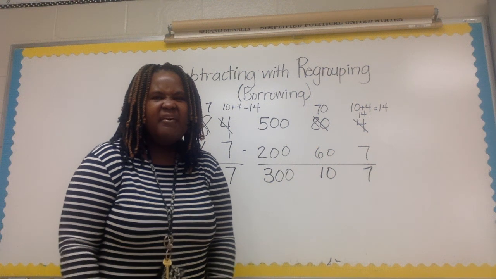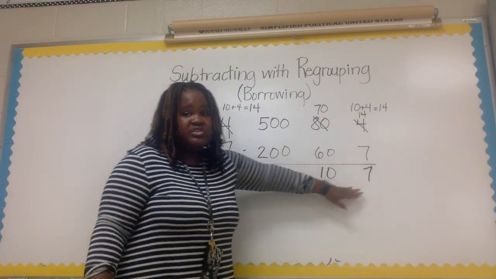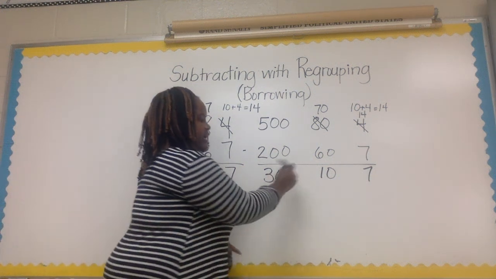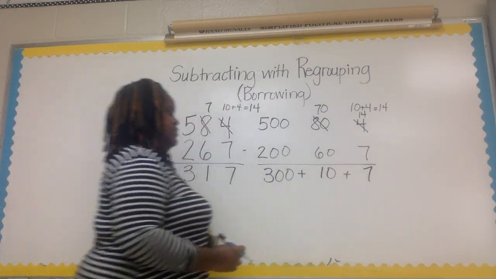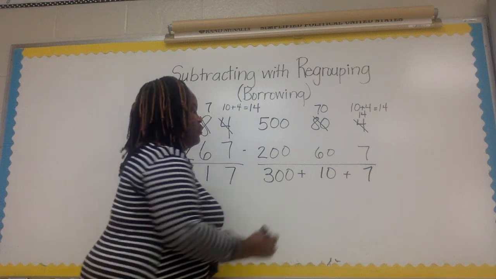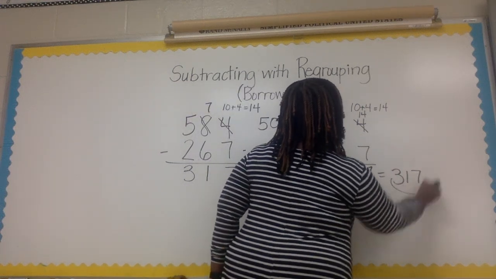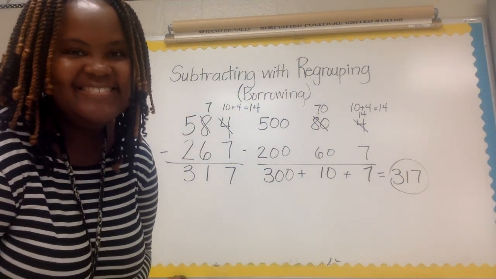And I know you're like, Miss Gardner, how in the world is that my answer? Well, this really is your answer, but we just got to add them together. Okay? So now we've got to add 300 plus 10 plus 7. Okay? And if I add 300 plus 10 plus 7, I'm going to get 317 as my answer. Okay?